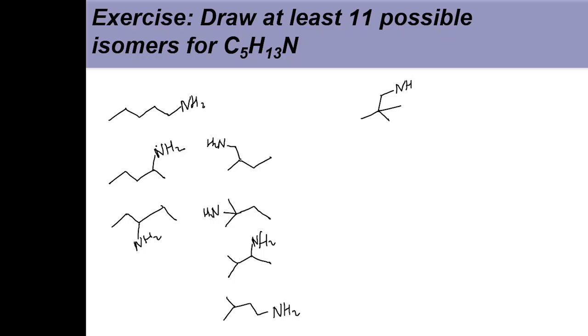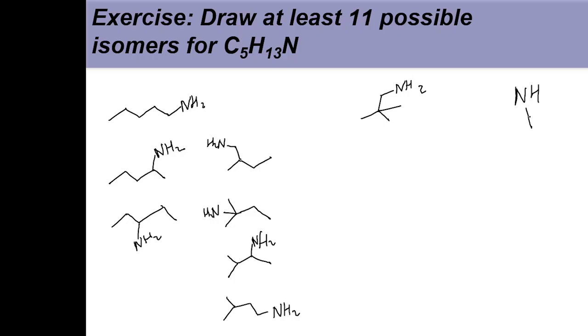There are other possible structures, because these are all examples of primary amines. We can also have secondary amines or even possibly tertiary amines. So, for example, we can have an amine with a hydrogen and another methyl group.